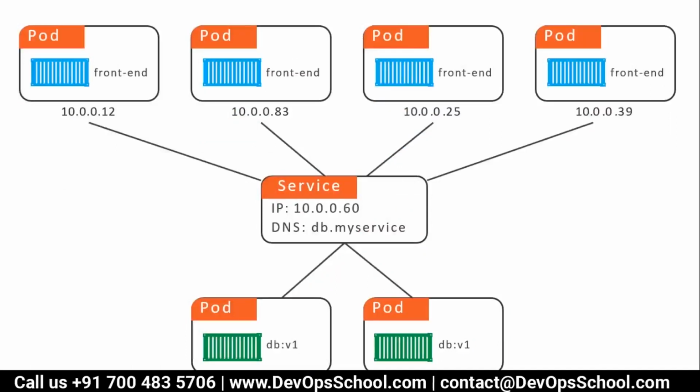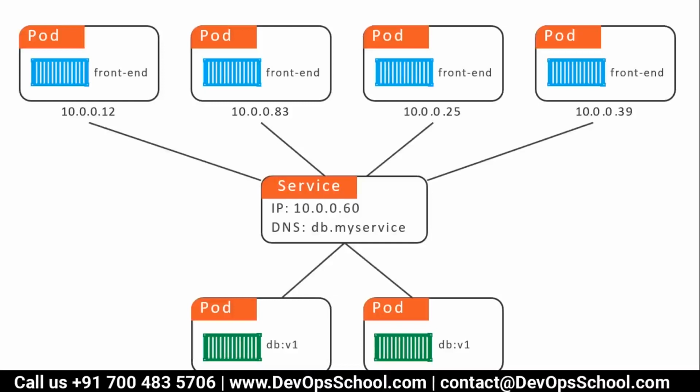Solution is service. So the question is again back to the same: what is service? Service is a managed load balancer, which is created by you but managed by Kubernetes.